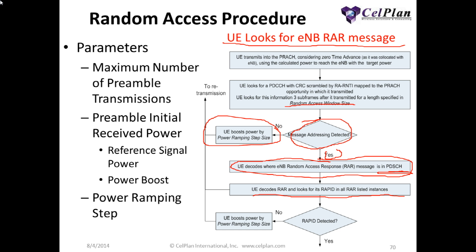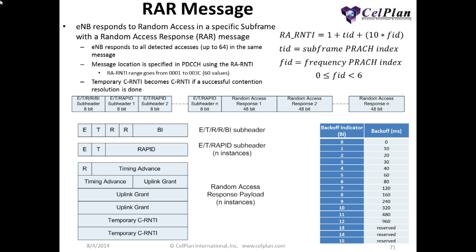And remember, the RAPID is the code that was chosen, the random access preamble ID that was chosen by the UE. It checks if its code is there. If its code is not there, then this message is not for it. It continues looking inside the window until it finds. If it doesn't find, it starts everything again. So RAPID detected? No. Boost power, start more retransmission? Yes. Okay, if it's yes, it will go to the next stage.